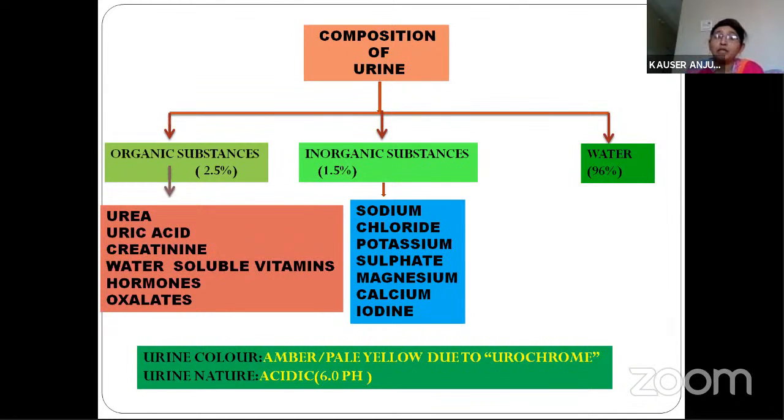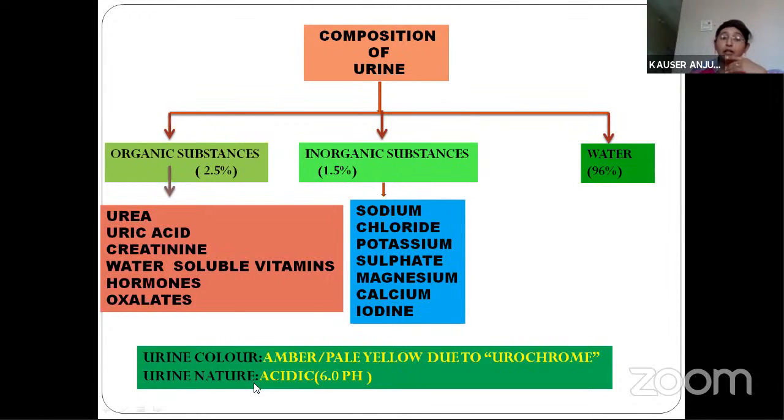RBCs contain the pigment called hemoglobin. When the hemoglobin gets dismantled, so many pigments originate from it: bilirubin, biliverdin, and urochrome. Because of the release of the urochrome pigment, the urine is pale yellow.